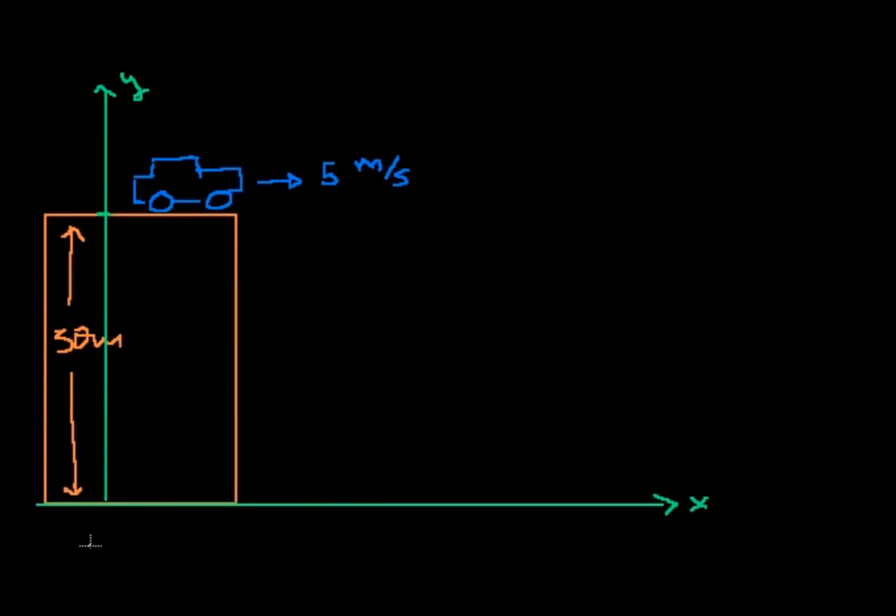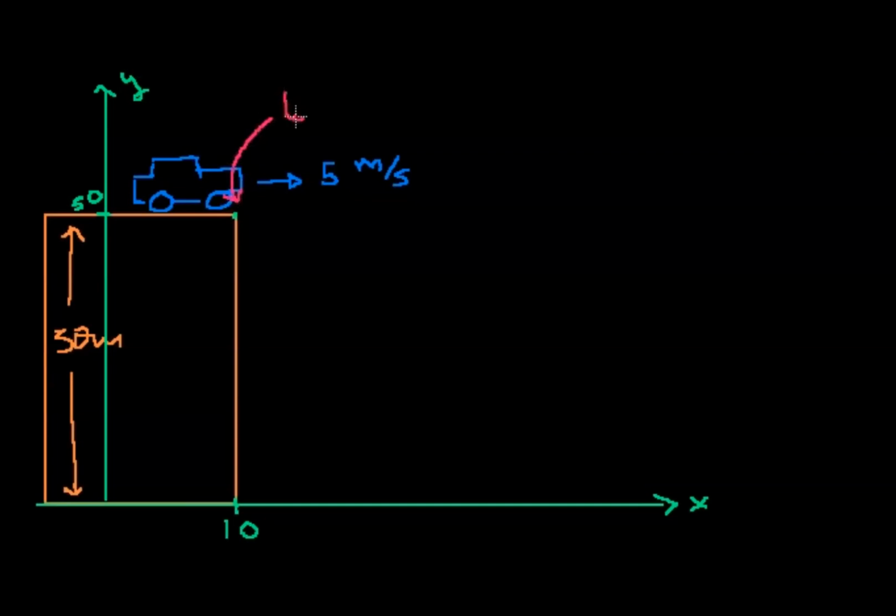Maybe y equals 0 is sea level. So this would be 50 right here. And let's say that this point right here on the cliff is at x equal to 10. So this point right here is the point (10, 50). And let's say that the car is right at this point, right about to drive off the cliff at time equal to 0. So this is at time equal to 0.